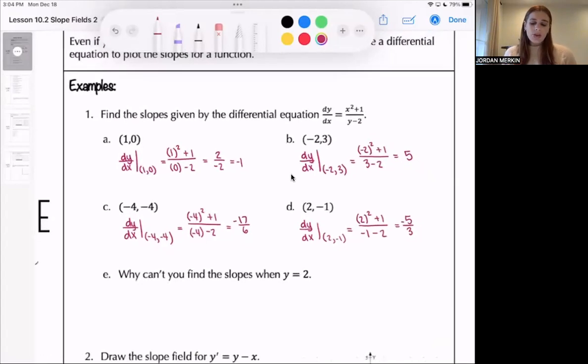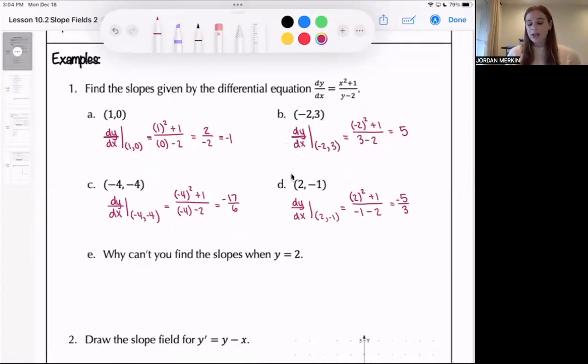The last one says, why can't you find the slopes when y equals 2? The problem is our differential equation is (x squared plus 1) over (y minus 2). When you plug in 2 for y, you end up with a 0 in the denominator, and this is undefined.